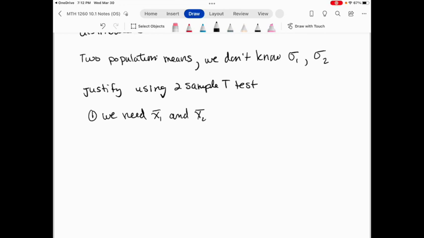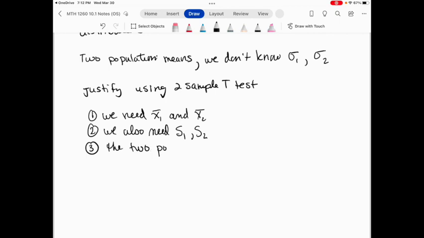So x1 bar will be the sample mean from the first population, and x2 bar will be the sample mean that comes from the second population. We also need the sample standard deviation from each sample that comes from the corresponding populations.